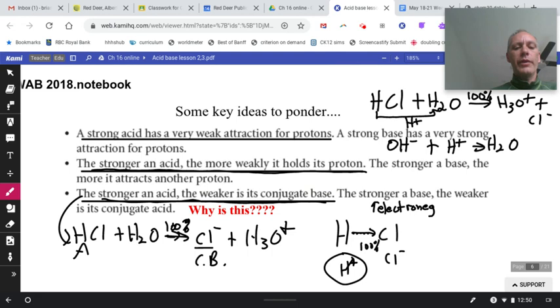In other words, there is no reverse reaction. Cl minus will not accept protons. HCl gives them up, Cl minus does not accept them. This reaction does not go in reverse. So strong acids have really, really weak conjugate bases. So those are 3 key ideas for you to think about.